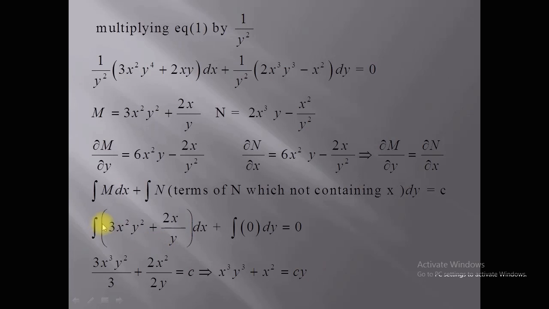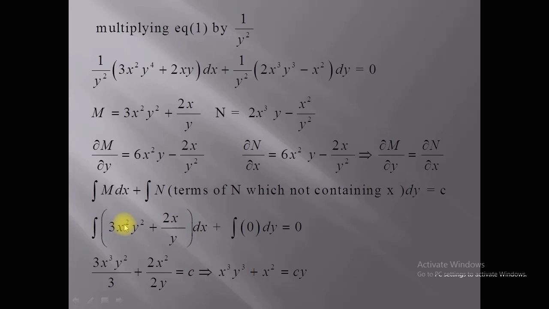So the integration of the M function with respect to x. Integration of 3x square y square with respect to x, 3 and y square treated as a constant, so take only the integration of x square with respect to x.